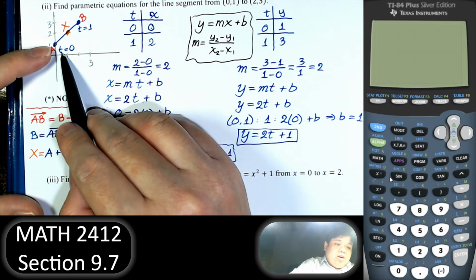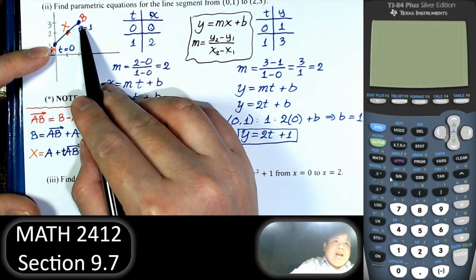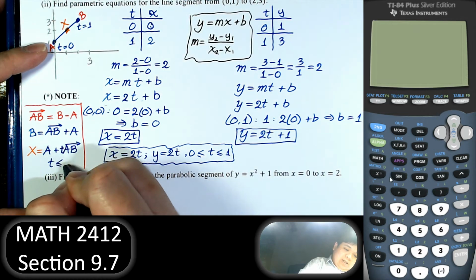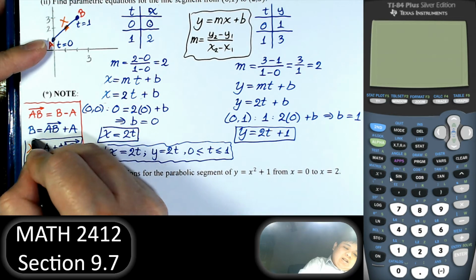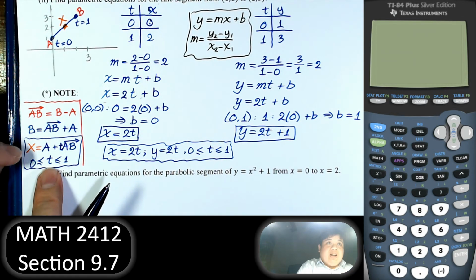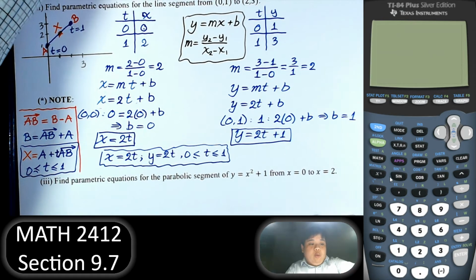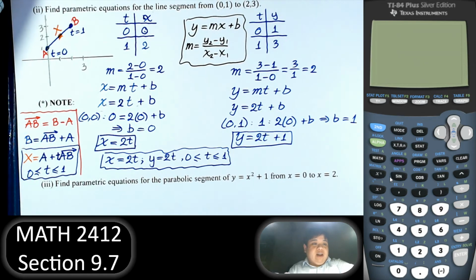When t is equal to 0, we're at this point. When t is equal to 1, we're at that point. Yes, so this is a better way to parameterize the line: just take the initial point plus t times the vector connecting them.